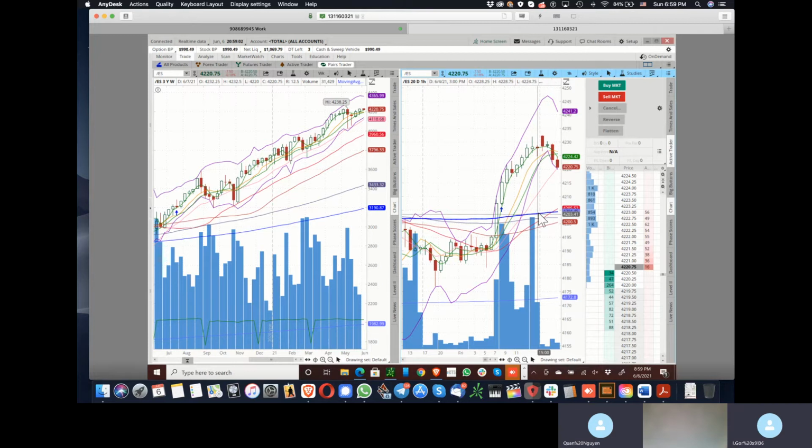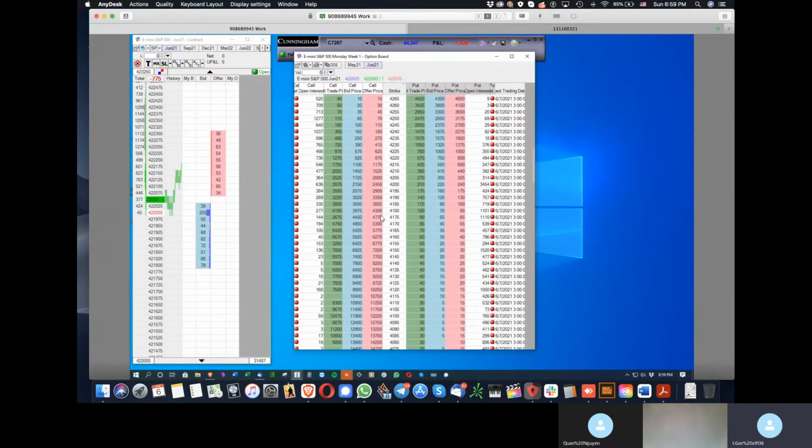So 4,200 looks okay. It looks like that could be support, and then the 40 level also looks like there could be some resistance based on the Bollinger Band. So I think this is safe enough to start with. So let's see what we can get. And that lines up with our straddle. So 42. We're going to do the in the monies, doing the gut, the 4240 put versus 4,200 even call.